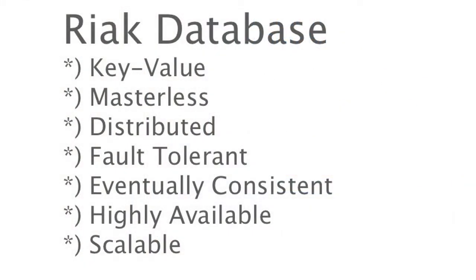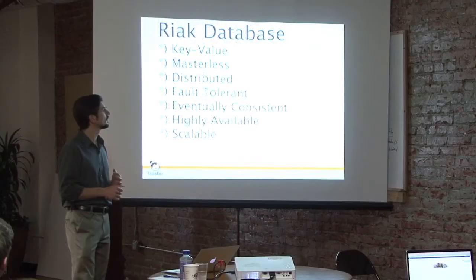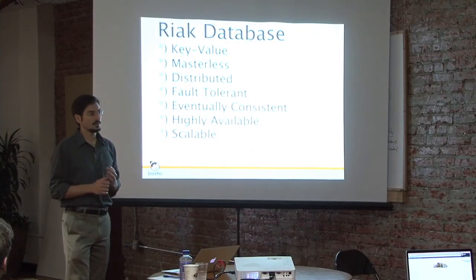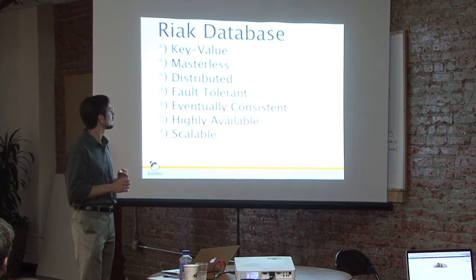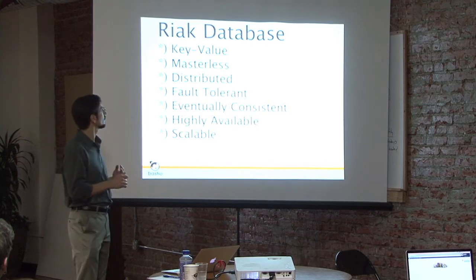Okay, so just to quickly go over, Riak is a key value store. So it's not a document database like Mongo, which I think you wanted to compare it to.